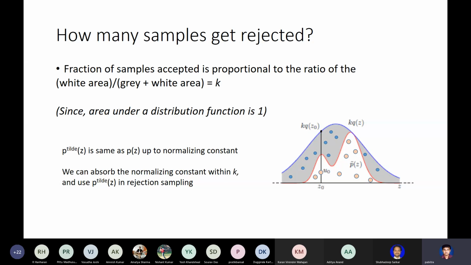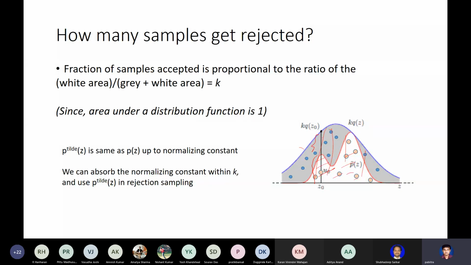Since you are generating a Z0, and then along this line you are generating a point, keeping it if it is in this white region, and rejecting it if it is in this gray region. If you do this for all values of Z0, only the points lying in this white area get accepted, and those lying in this gray area are rejected.